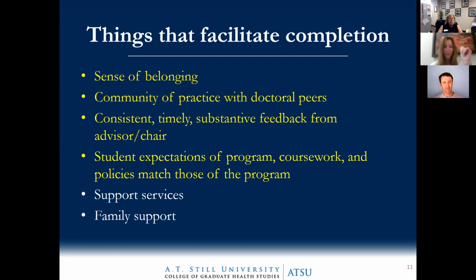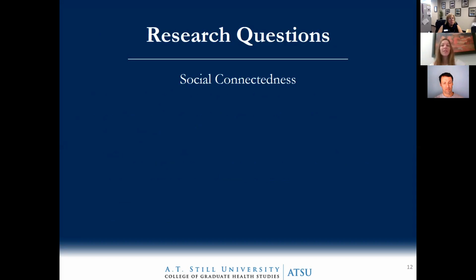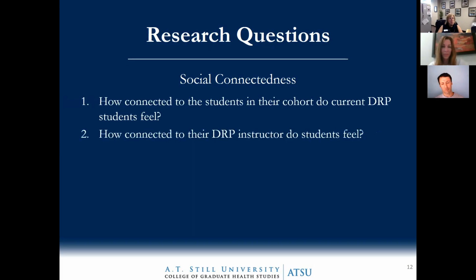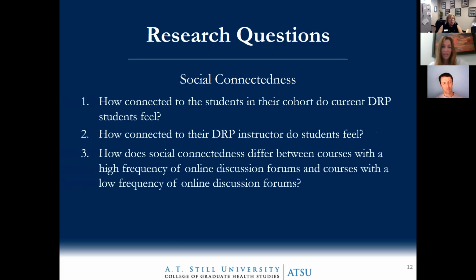So I put together research questions, 4 for social connectedness and 4 for the usefulness of the structure of the curriculum and instruction. So first, for social connectedness, I was asking how connected to the students in their cohort do current DRP students feel? How connected to their DRP instructor do they feel? How does social connectedness differ between courses with a high frequency of online discussion forums and courses with a low frequency of online discussion forums?